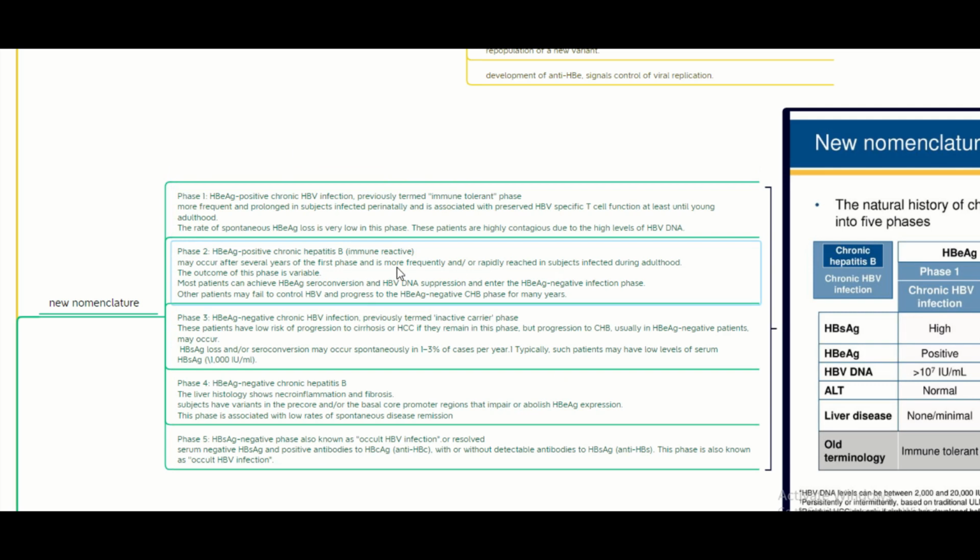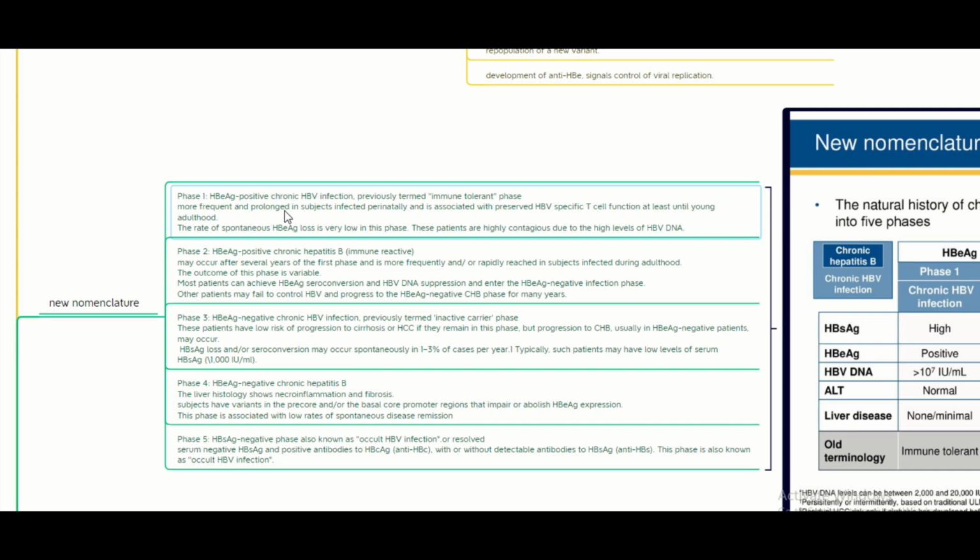So the HBe positive chronic infection used to be termed immune tolerant, as we said before. It is more frequent and prolonged in people who are infected prenatally, vertically from the mother, or with T cell function that is specific until young adulthood. These people will have an immune tolerant phase.